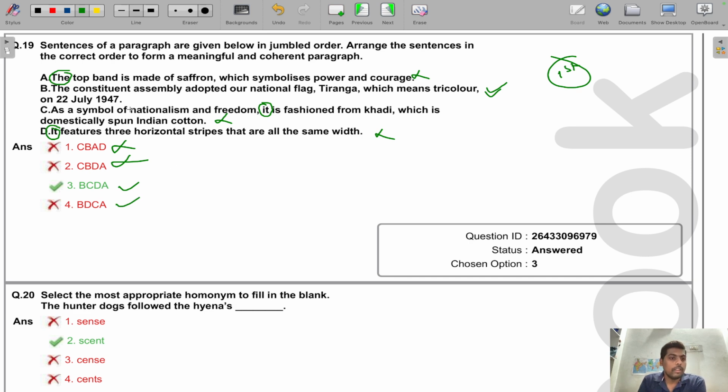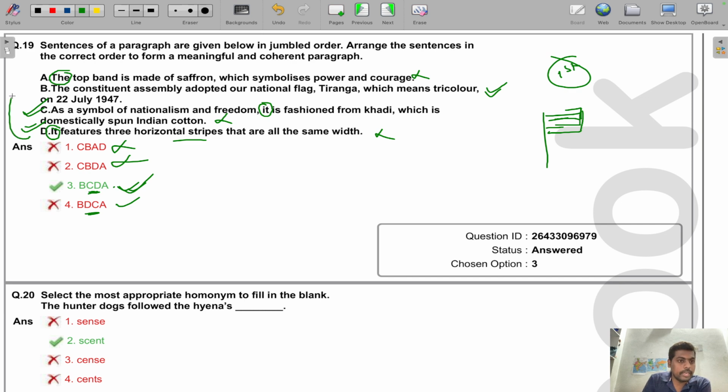Now just try to identify whether CD or DC is the pair. Just try to read CD: "As a symbol of nationalism, it is fashioned from khadi, which is domestically spun Indian cotton, and then it features 3 horizontal stripes." If you see the national flag, it definitely contains 3 horizontal stripes. So I can directly say C and D are a pair.